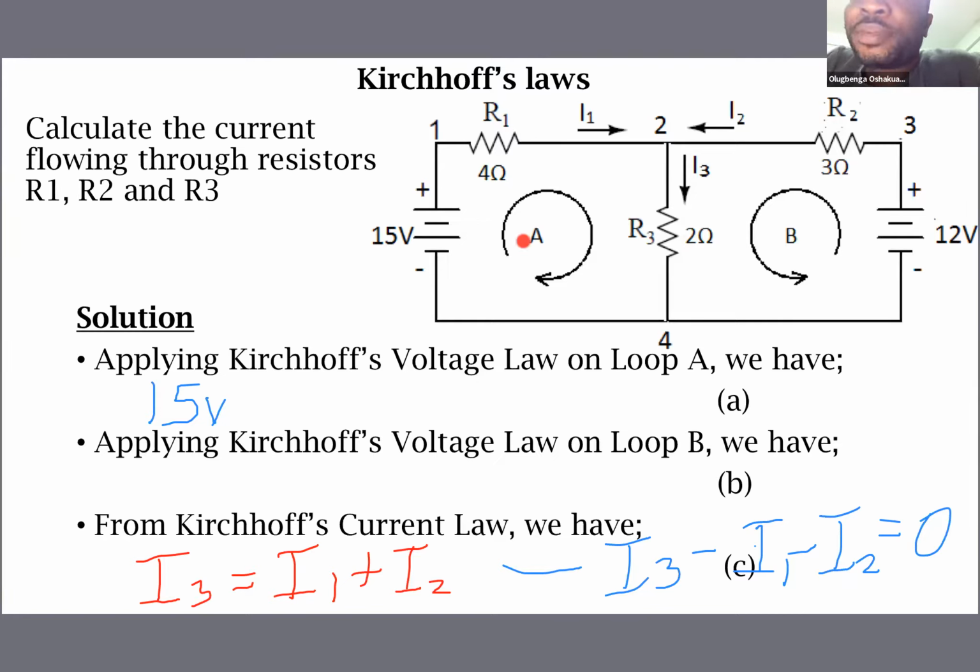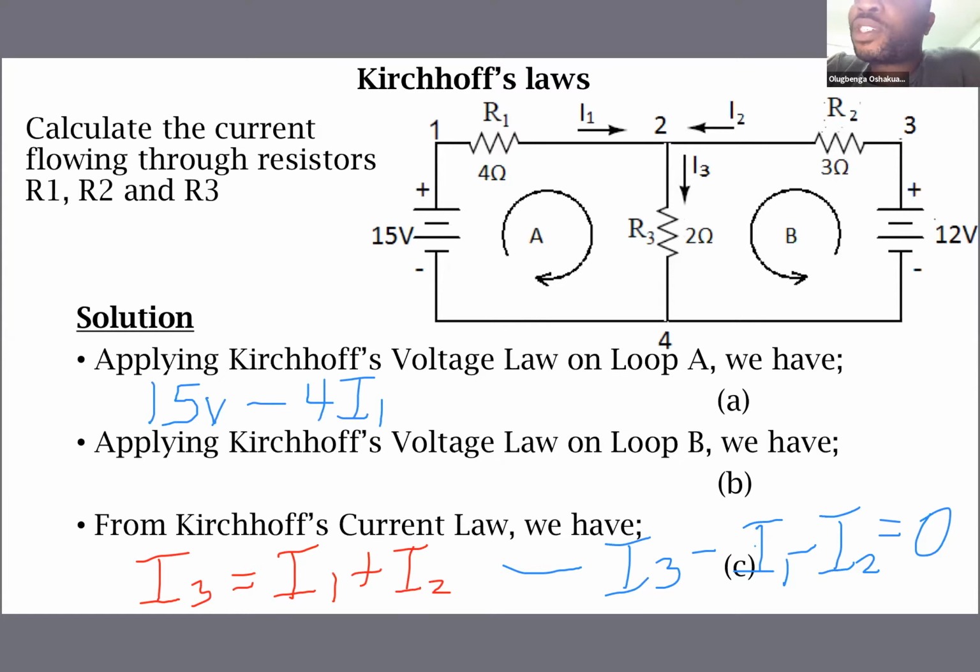Then I will say minus 4I1. Why do I have minus 4I1? Because the voltage drop across R1 is 4 times I1. V equals IR, voltage equals current times resistance. I is I1 and R is 4.